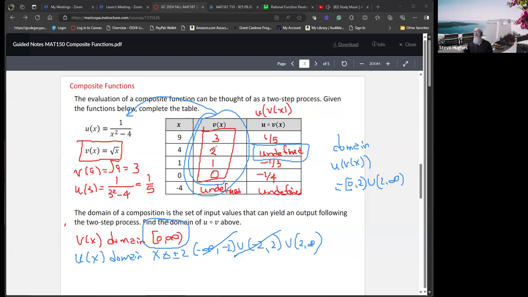And if so, I have to take that value out of my domain. So it's a 2-step process. Domain for my inside function, then consider that range. Does it make anything in my other function undefined as well? So 2-step process. Anybody have any questions here?